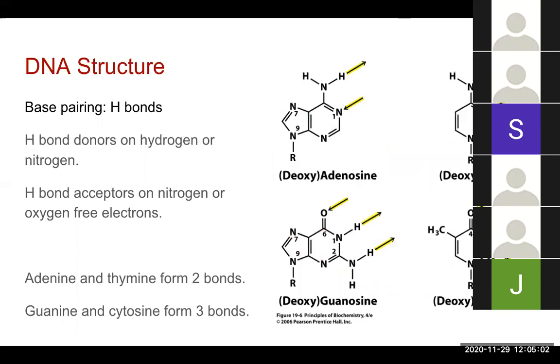So base pairing is made by hydrogen bonds. Hydrogen bonds on a hydrogen or nitrogen will be the donors, and an acceptor will be on a nitrogen or oxygen with free electrons. One thing to mention is that thymine and adenine will form 2 bonds, whereas guanine and cytosine will form 3 bonds.